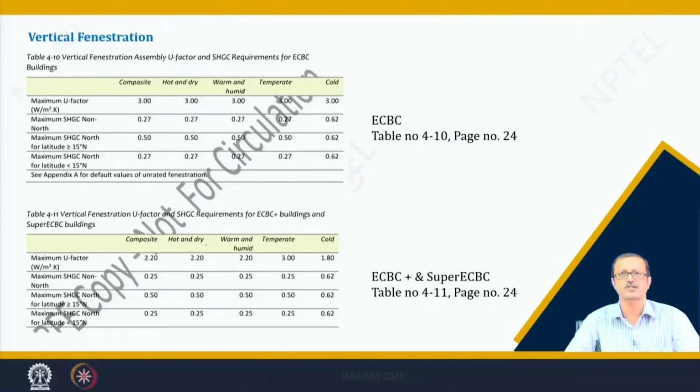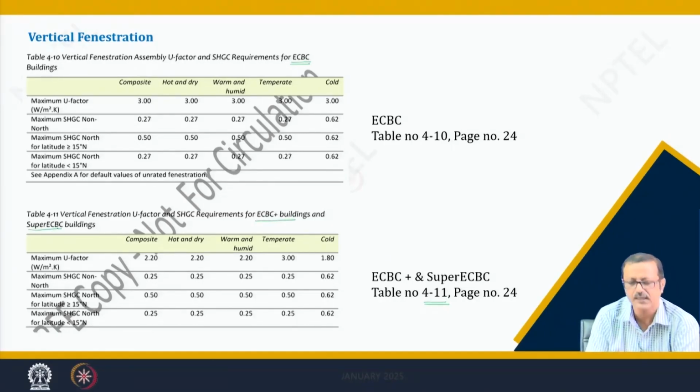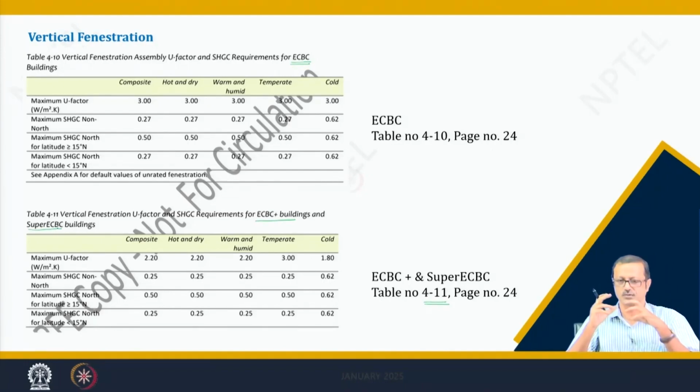Then the vertical fenestration. For the vertical fenestration, instead of three tables, there are only two tables prescribed. The first table, table number 4.10, page number 24, gives you the ECBC recommendation, and table number 4.11 gives you both ECBC Plus and also Super ECBC. Here you see there are two values, one is the U value and one is the SHGC value.